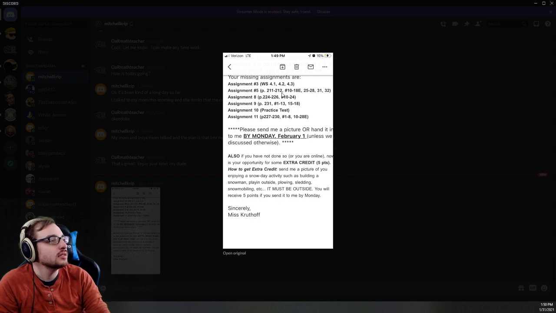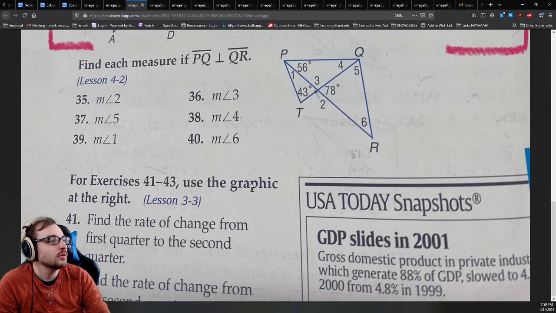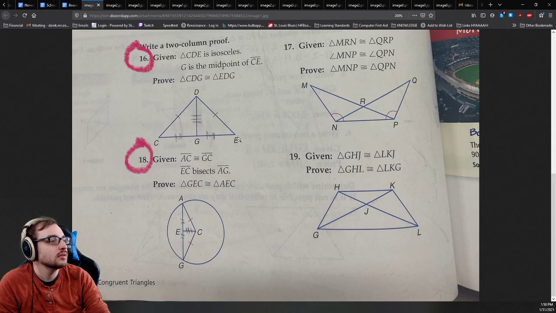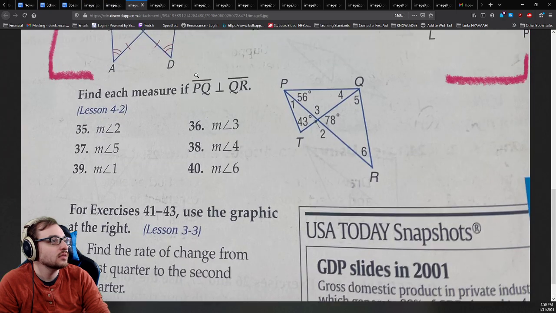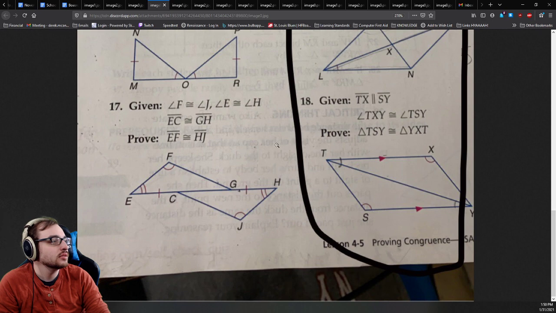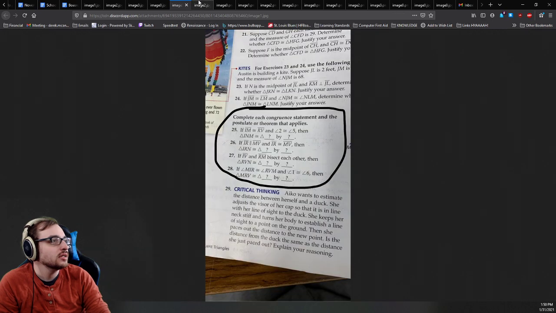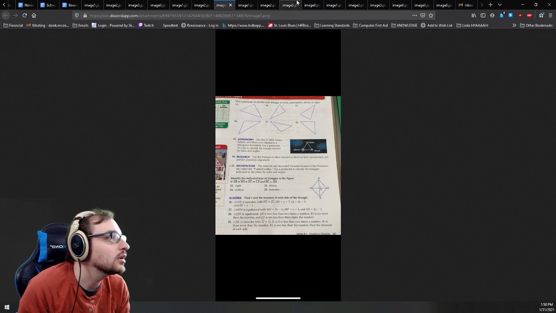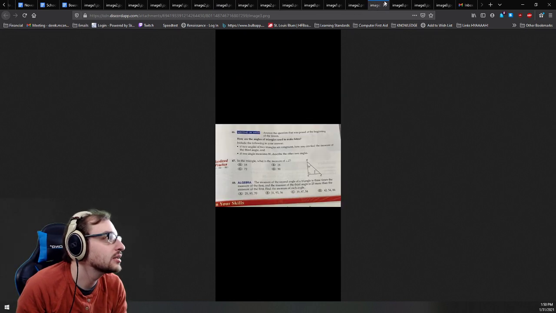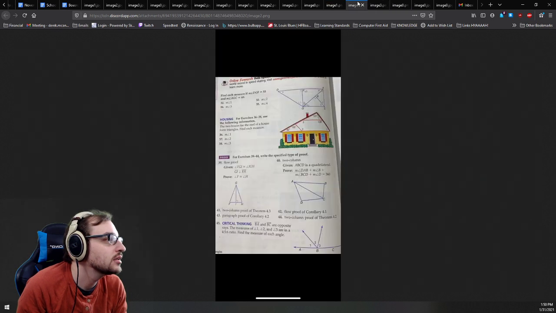Worksheet. Page numbers 211. See what page number is this? I just need a page number to figure out what we're talking about. 181. So 211 is like, I don't know, maybe over here somewhere.